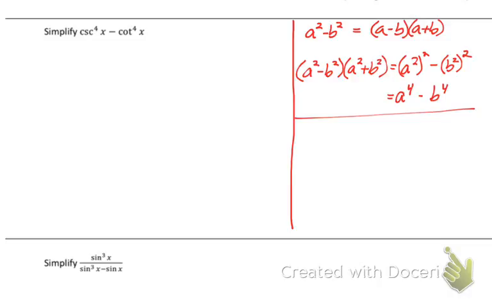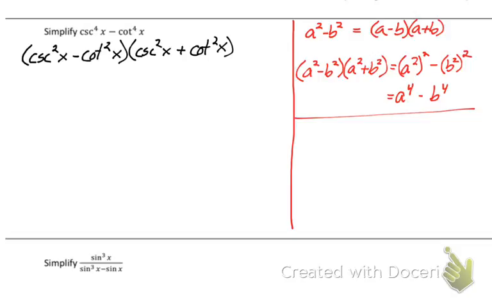We now have cosecant to the fourth minus cotangent to the fourth. So it is still a difference of squares. We're just going to rewrite it as cosecant squared x minus cotangent squared x times cosecant squared x plus cotangent squared x.